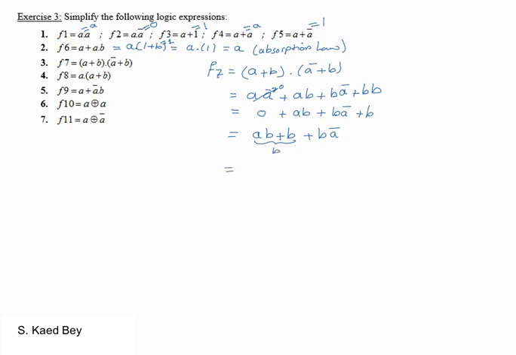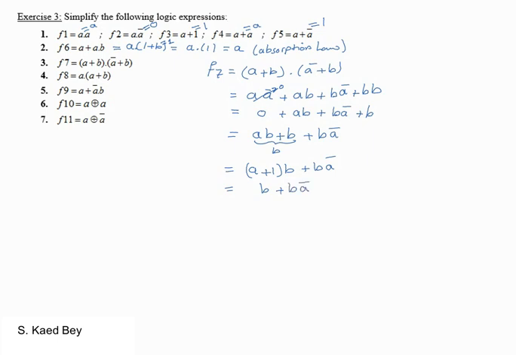If you're not convinced, you can write it in the following way. Now this will lead to the same expression as the one above. A ORed with 1 is always 1, and 1 ANDed with B is always B, so I end up with B plus BA bar.